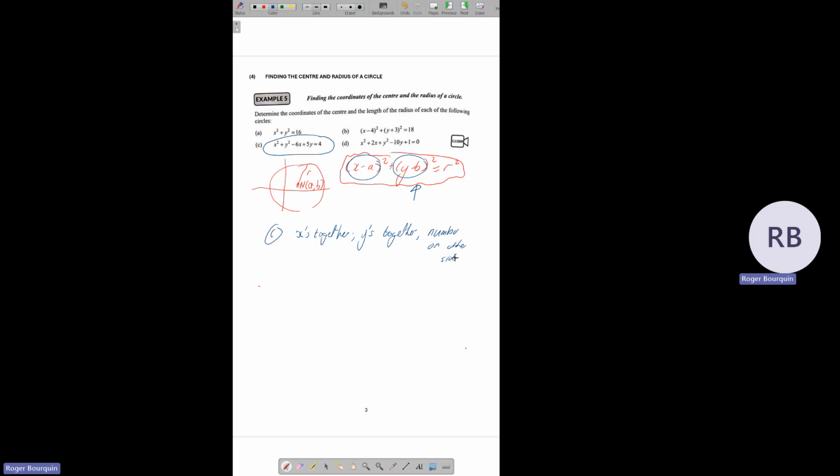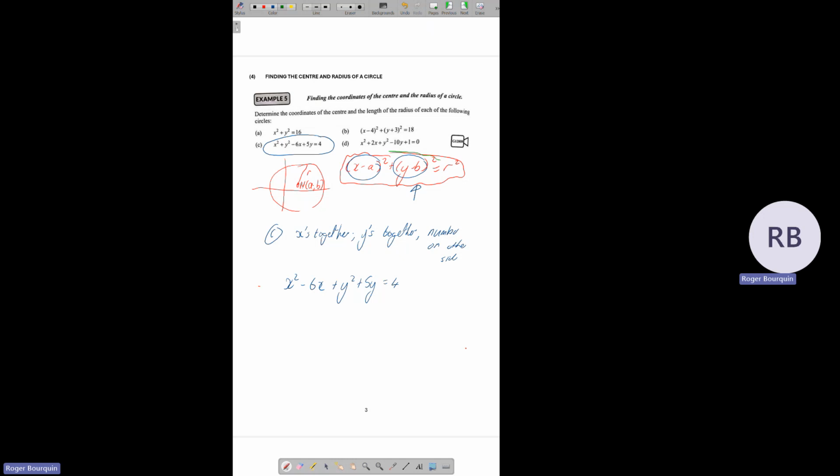Rewrite the equation so that you have that scenario over there. So in this case, I'd rewrite it as x squared minus 6x plus y squared plus 5y is equal to 4.